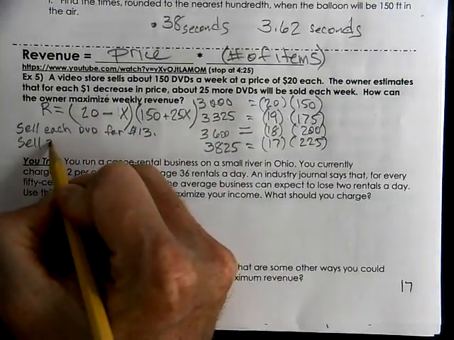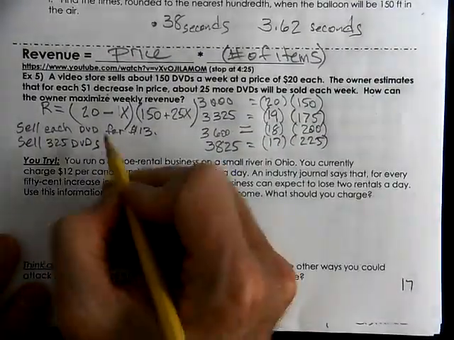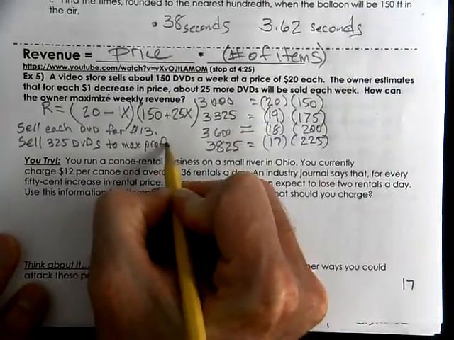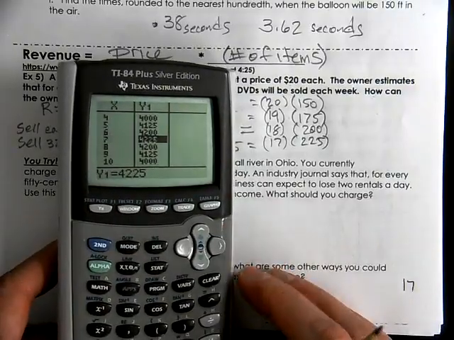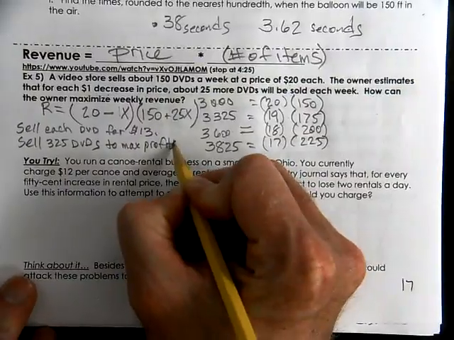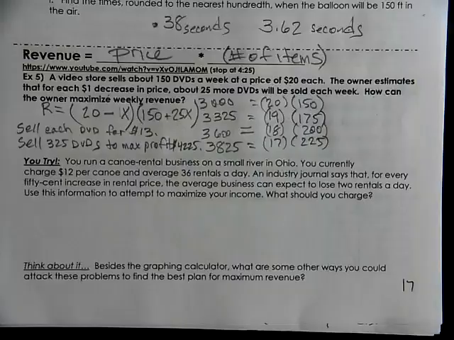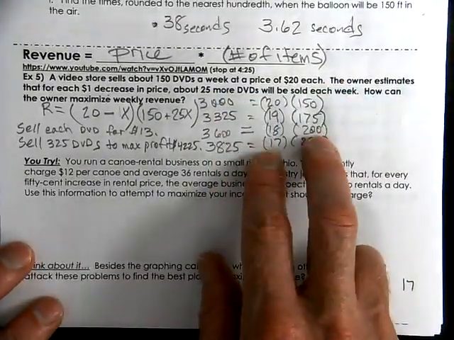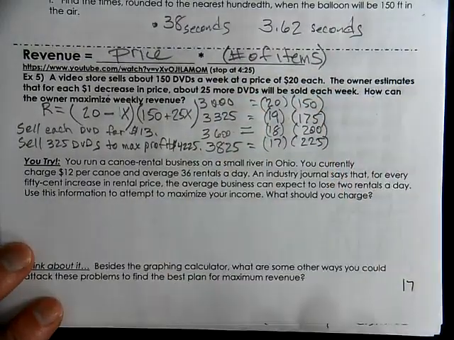So we're going to sell 325 DVDs to max profit of $4,225. There it is. We answered it. You don't need to do all these calculations here, but I wanted you to see it grow. I wanted you to see what's happening.